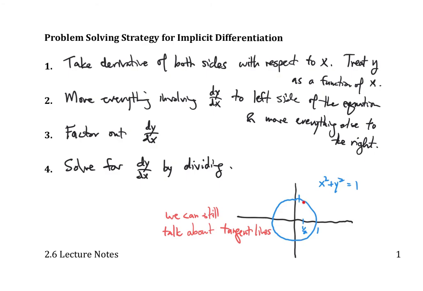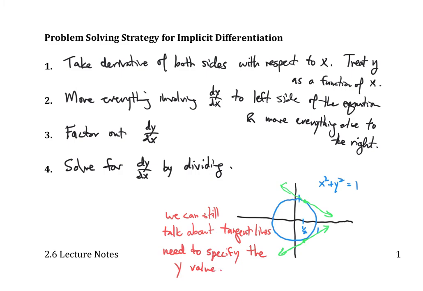So if you meant the point up here, then the tangent line might look something like this, like that. But if you talk about down here, then the tangent line might look like this. So we need to specify the y value.